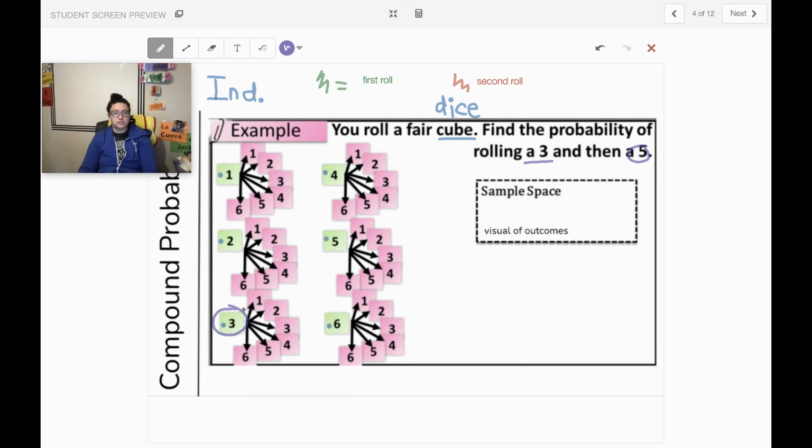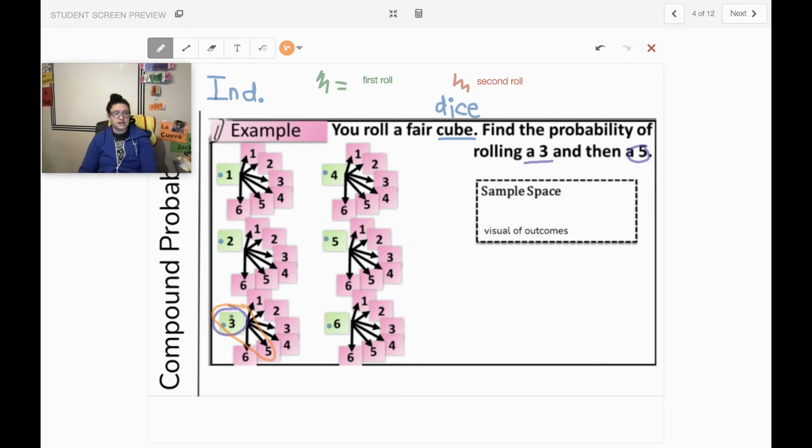So I need to roll a green 3 and a 5. Here, that green 3 and its arrow going to the 5 shows that first I rolled a green 3, and then for my second roll, I rolled a 5 on the pink. So there's one way that I can roll a 3 first and then a 5.